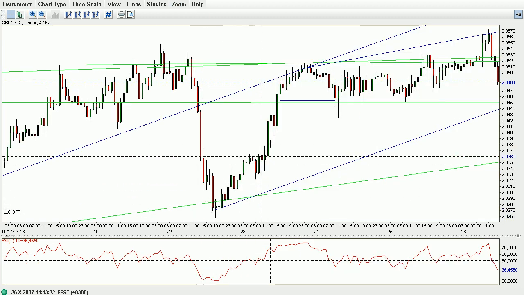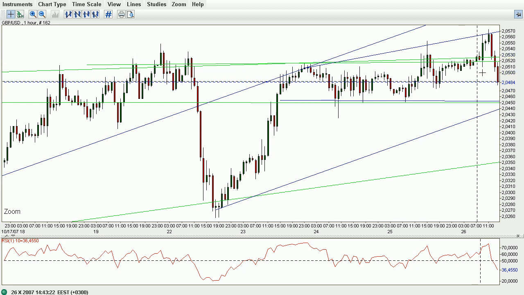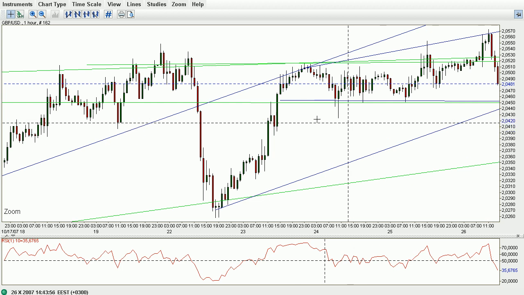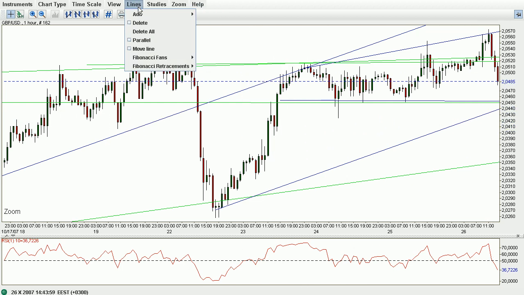We can see that our currency is trading within this channel, and right now we are at the lower boundary, and it is probable that if we touch the lower boundary, we might either see a break below it or a bounce back.